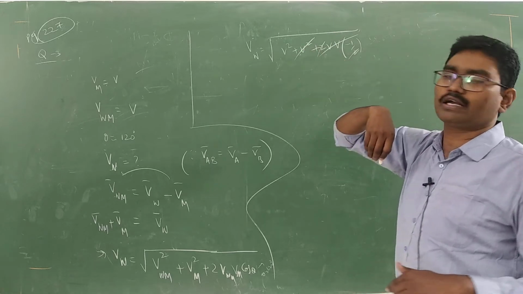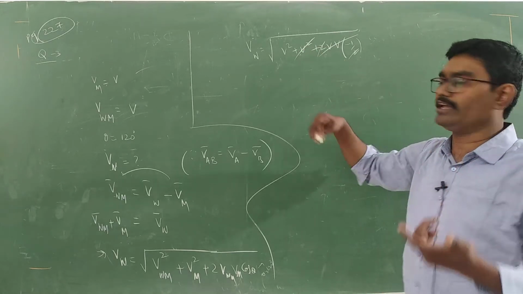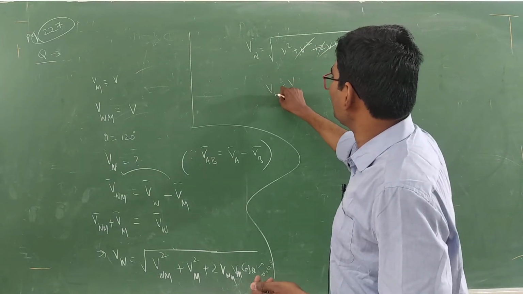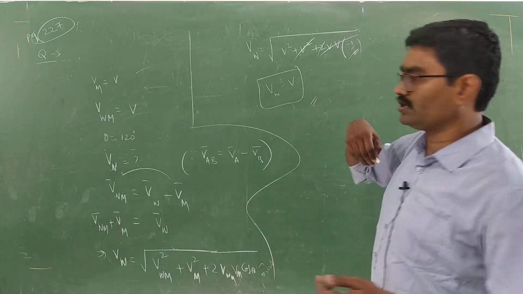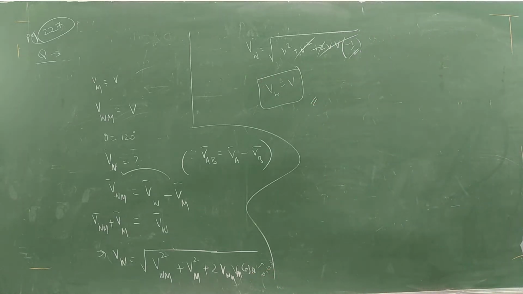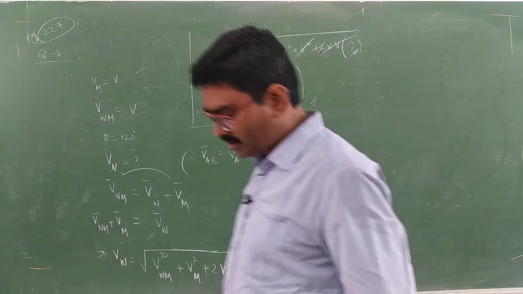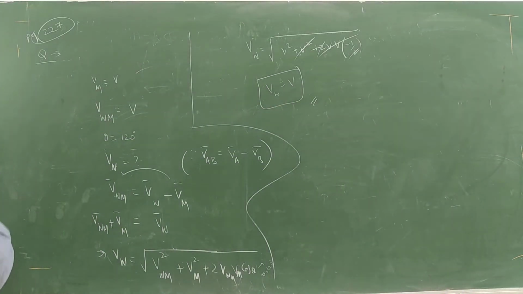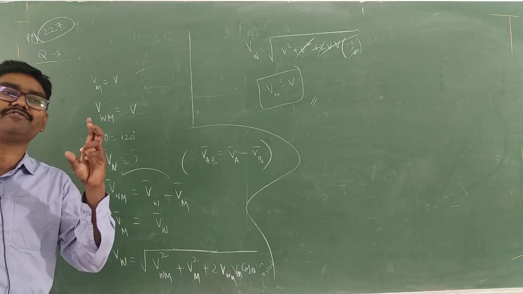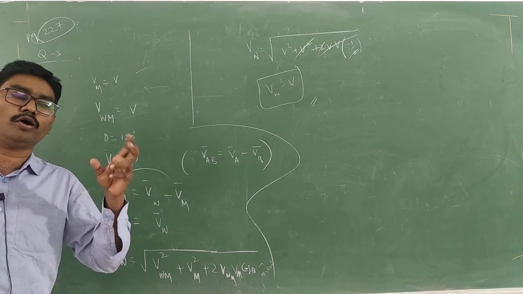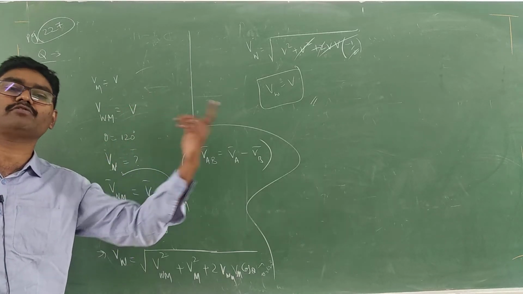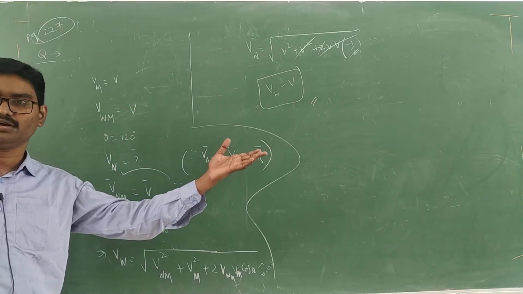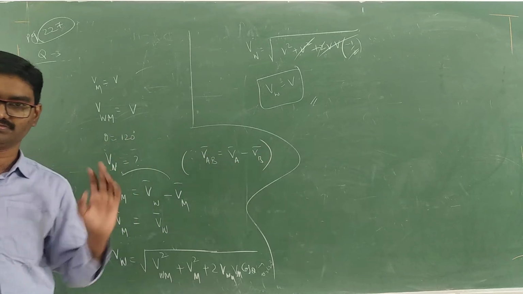Minus v square plus v square cancels. What will you get? v. So Vw is equal to v. One more thing: if two vectors are given inclined at an angle of 120 and both are equal, the resultant will also be equal to the individual value. Without solving, you can say the answer.